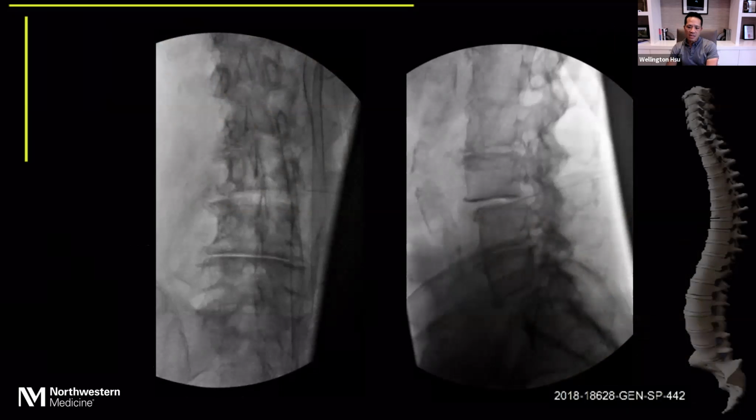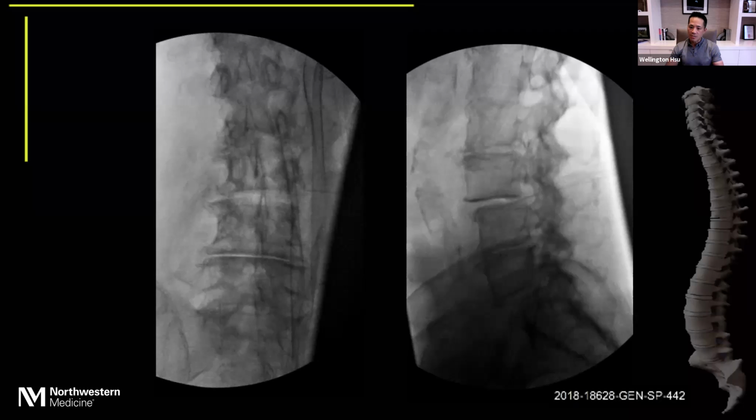So these are the type of X-rays that you want before you start a case, and you want the patient to be positioned and the table to be level. And the reason is because when you're doing this operation, it's very easy to get lost because you can't really see anything. You're just banking on the fact that you're going in the right orientation and direction, but it's very easy to be off by 10 degrees, maybe 15, 20 degrees when you're preparing the disc, when you're inserting your retractor, when you're using your instruments.